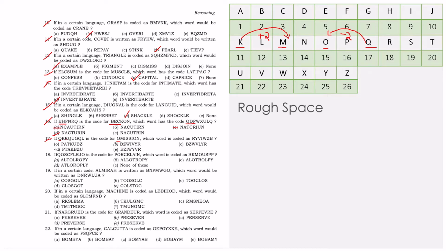Again, we are done with K, right? Again, after 1K, before, if you go, it's I. So that's it. We've solved. We've cracked it. So the pattern you'll get is +2, -2, and +2, and afterwards -2.